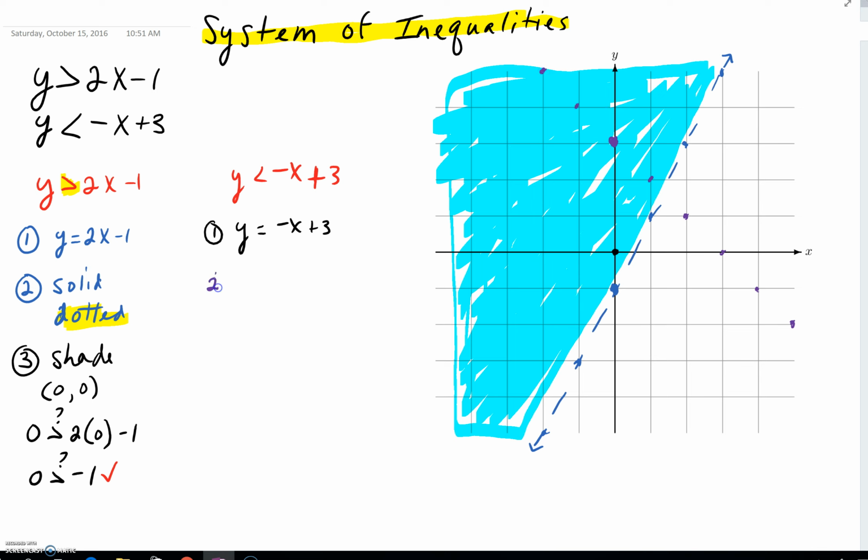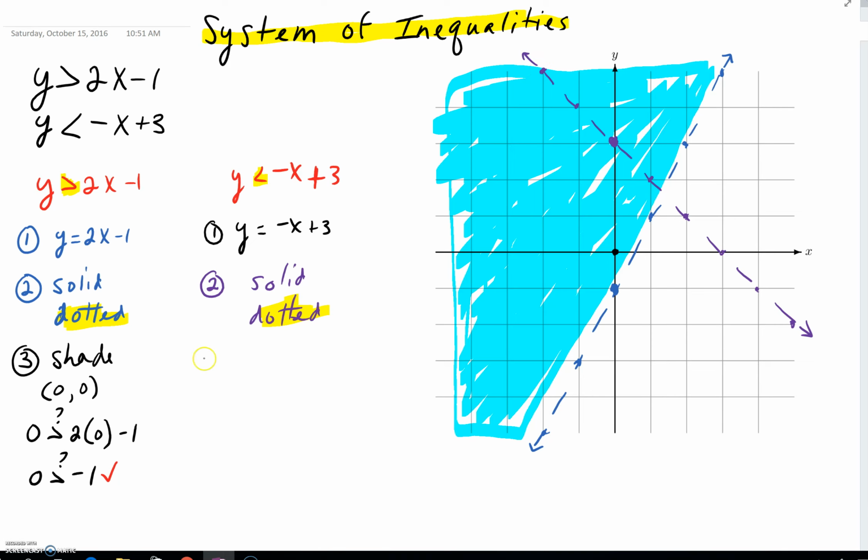All right, and then we need to ask ourselves, is it solid or is it dotted? Since it's just less than, it is going to also be a dotted line. So we will go back to our graph and we will connect our points through a dotted line. All right, so there's our boundary region.